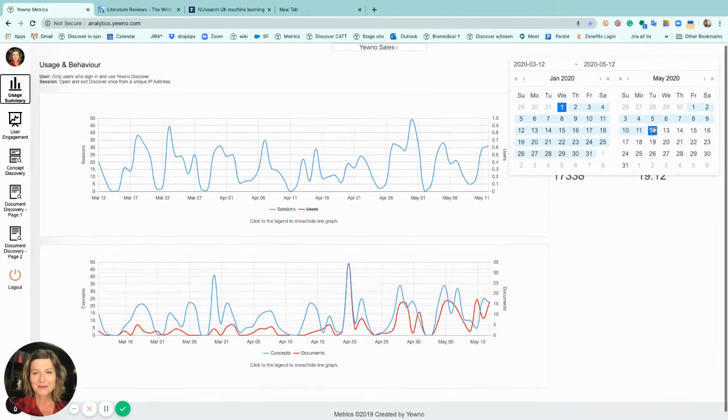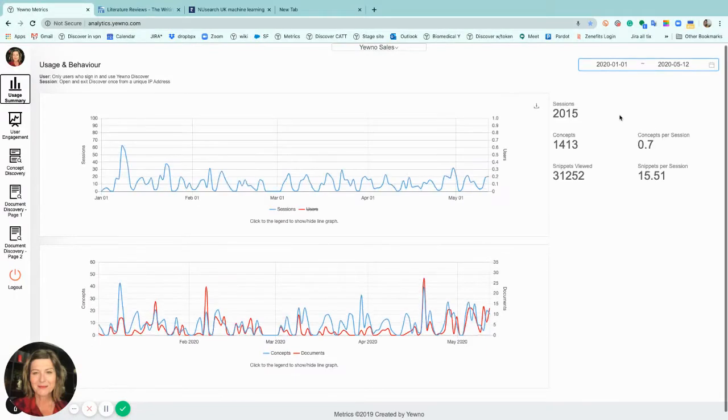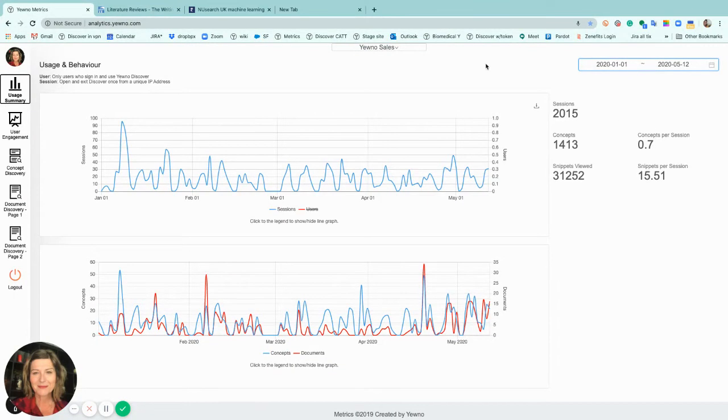And then to today's date is May 12th, I'll select that. So now all the metrics that we're seeing take place within that date. And you have a variety of items of information here, the number of sessions during that time frame, the number of concepts that were researched, the number of snippets that were viewed. And then we also have concepts per session and snippets per session.